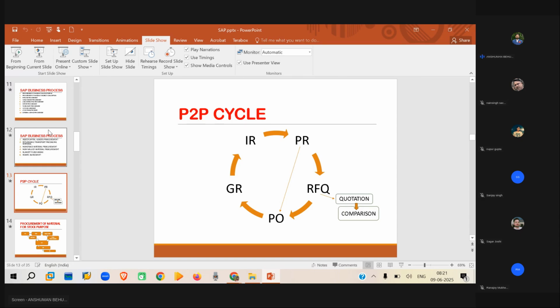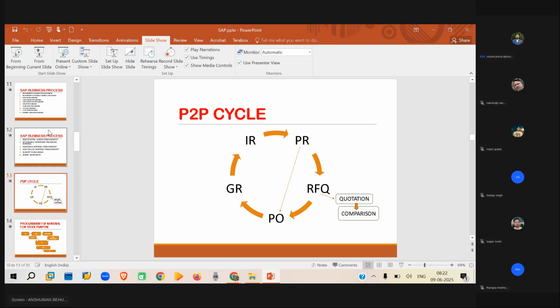Now why do we call it a cycle? Because it runs in a cycle. It starts with the process: whenever there is a requirement, a purchase requisition will be created. Whenever you need any product or there is a demand for the product, you have to create a purchase requisition.